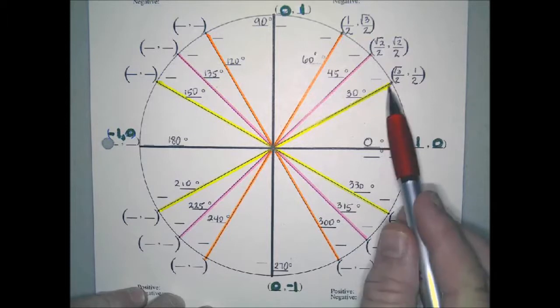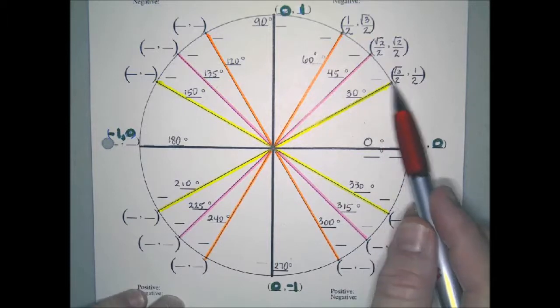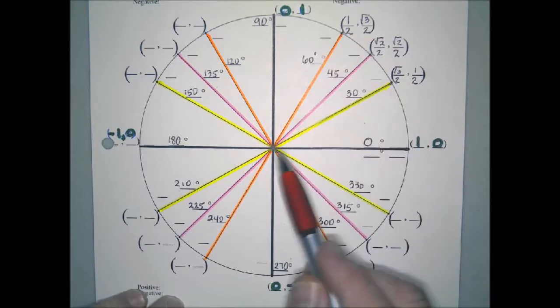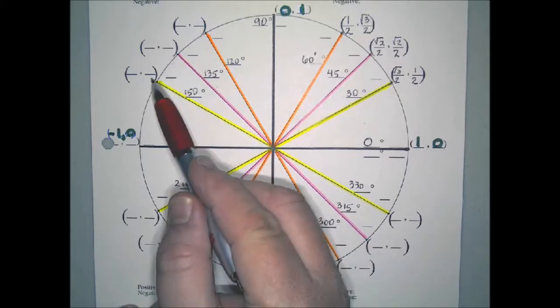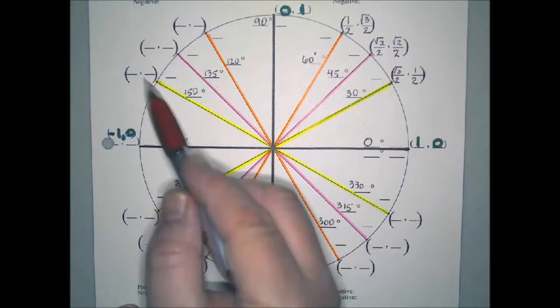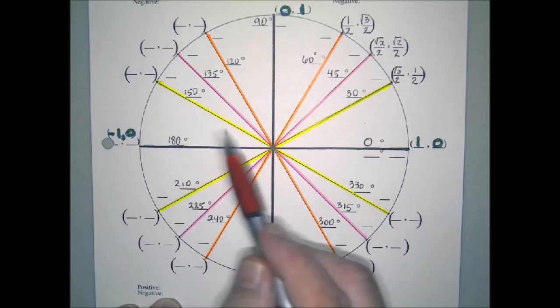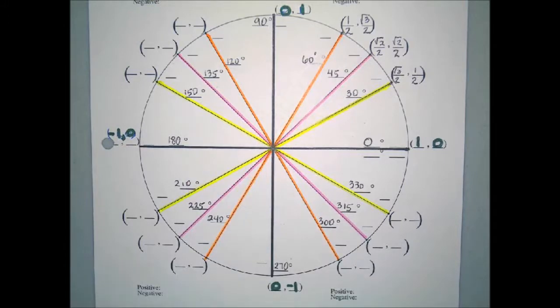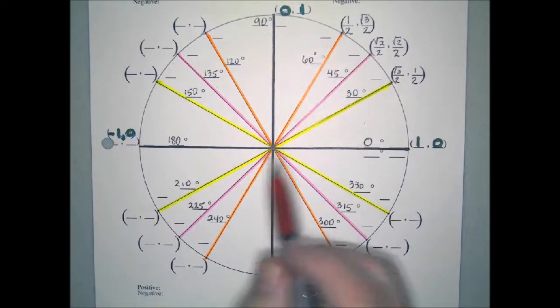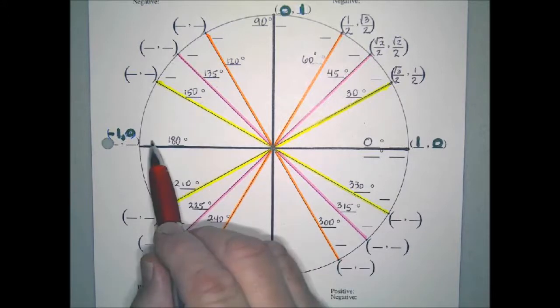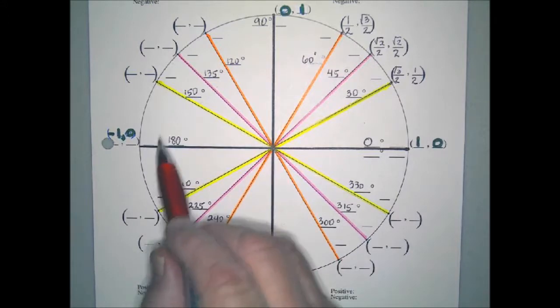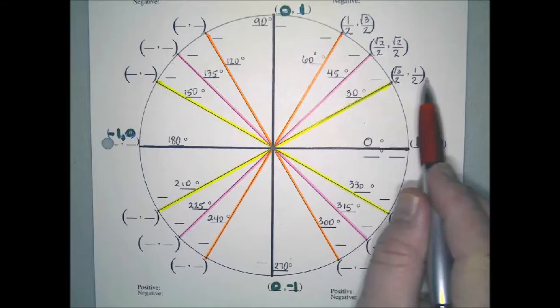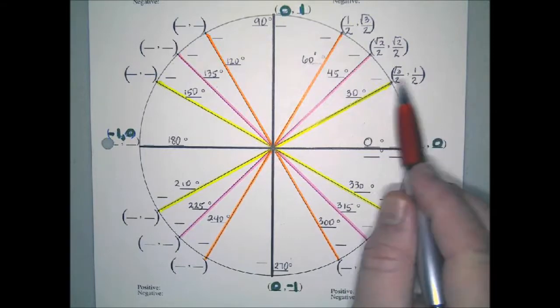I've color-coded it so that all you have to do is go back to the origin and follow the same color back, and there's another 30-degree triangle right here. The only thing is it's facing in a different direction. So all that does is change the signs of these ordered pairs.